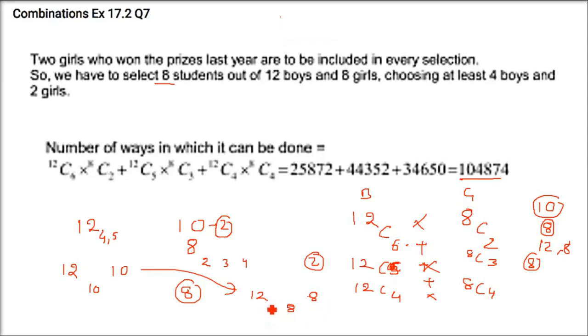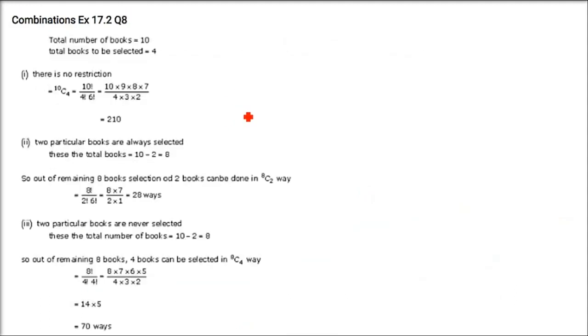So now when you add these two, the selection can be maximum 8. But at least 4 boys should be selected. So we'll start with boys as 4. We can go up to 4, 5, 6 with boys and 2, 3, 4 with girls. Because if you add 6 to 2 it is 8, 5 and 3 is 8, like this.